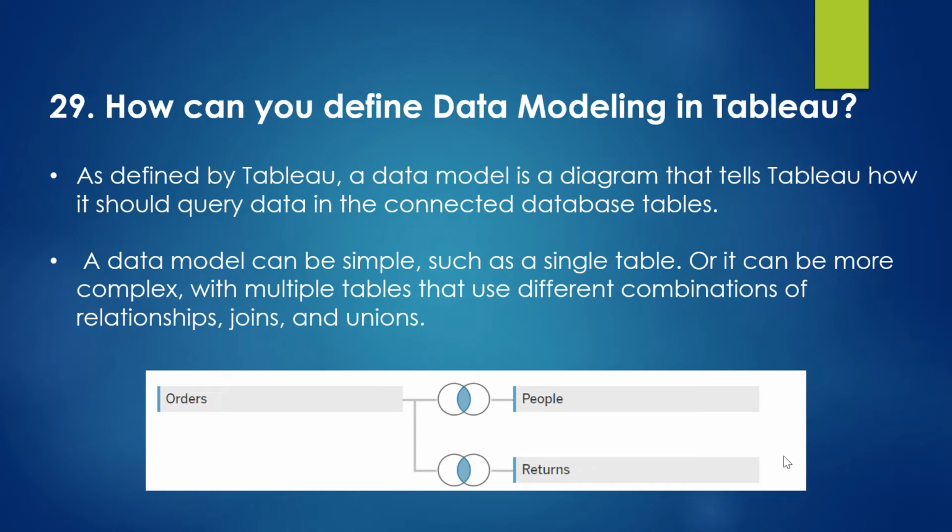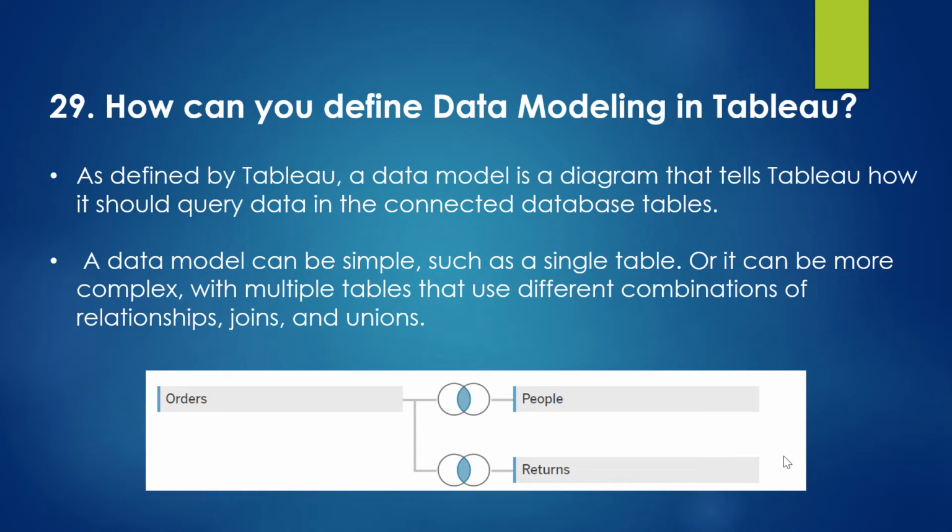Next, we have how can you define data modeling in Tableau. So as defined by Tableau, a data model is a diagram that tells Tableau how it should query data in the connected database tables. And as you can see, for example, a data model can be simple for only one table, or it can be complex with multiple tables that use different combinations of relationships, joins, and unions.